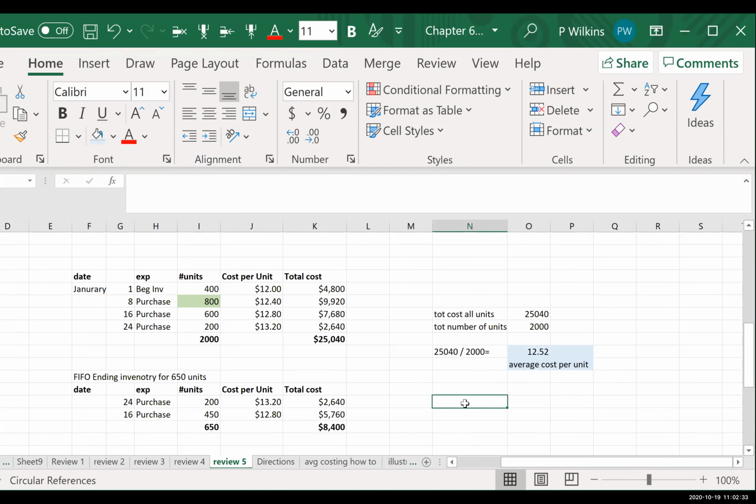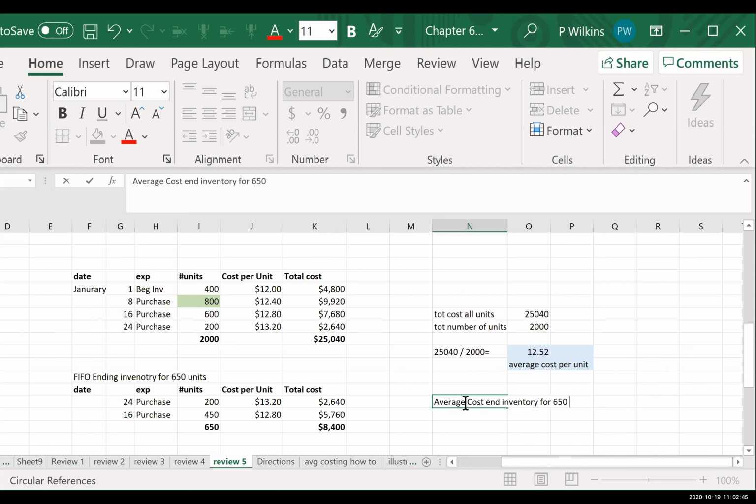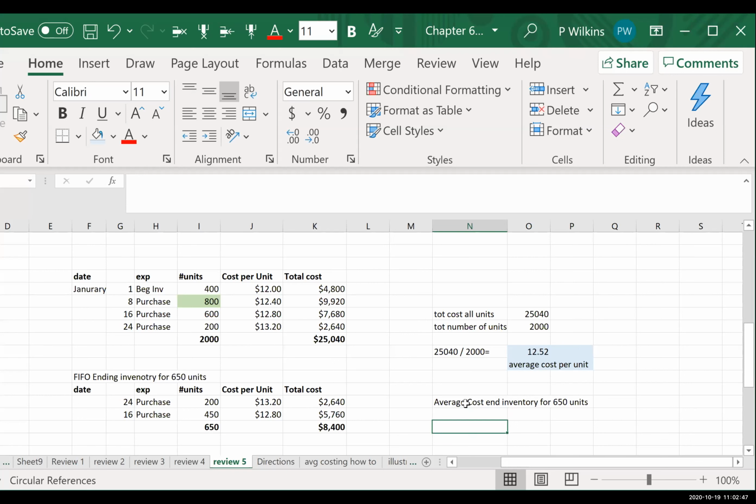So if we have 650 units, so the average cost for ending inventory for 650 units, we have 650 units times 12.52.